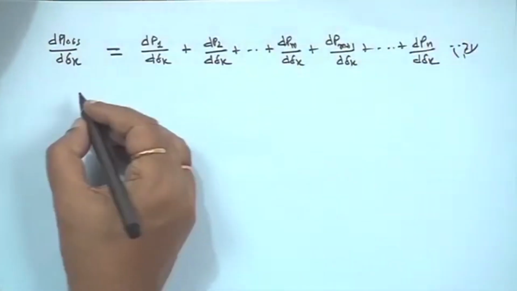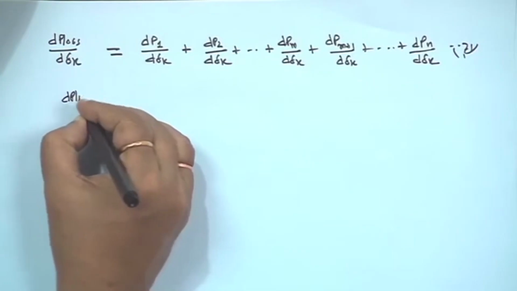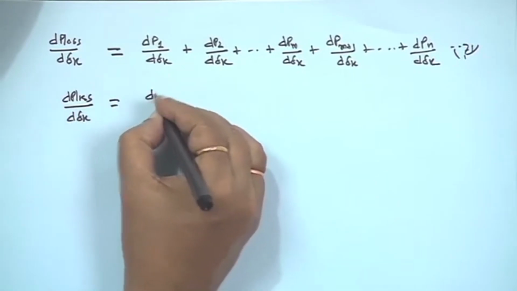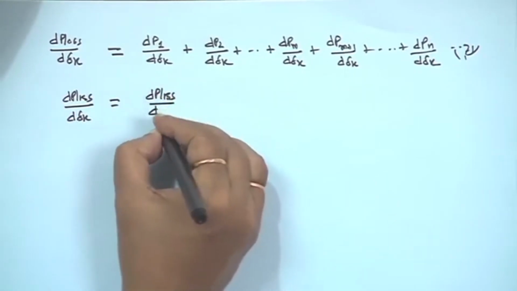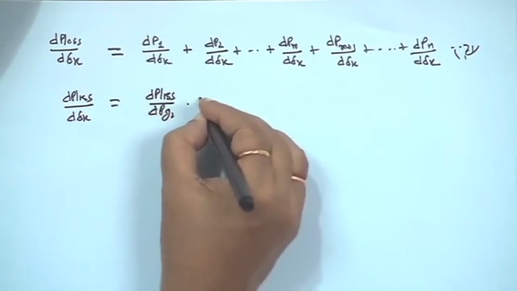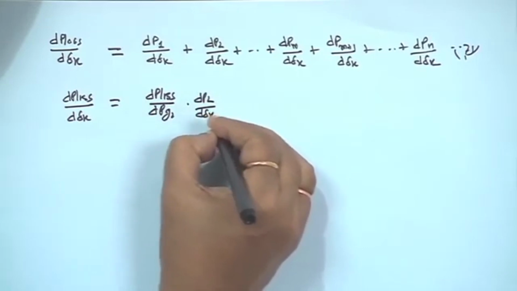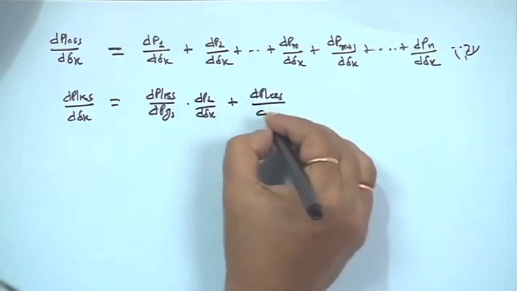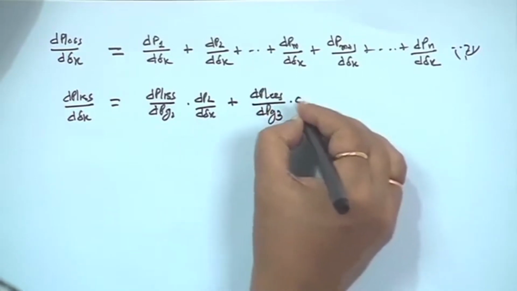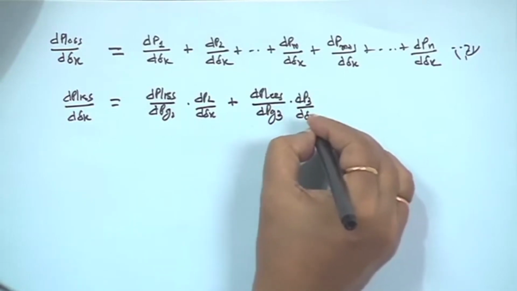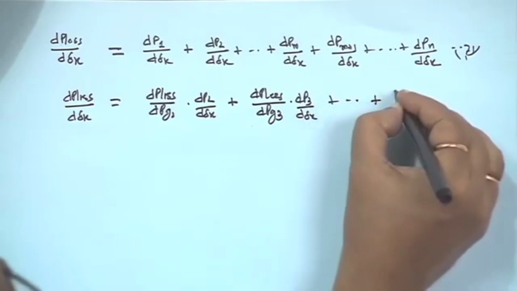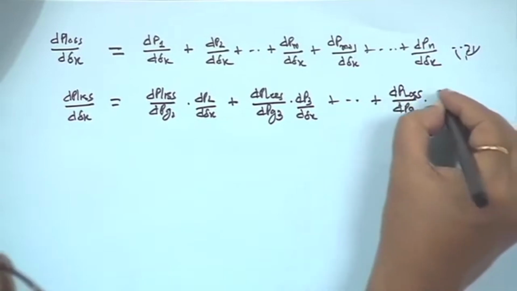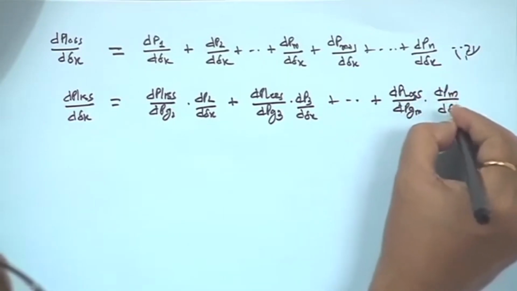is this one. I am writing again that ∂P loss/∂ΔK is equal to your ∂P loss/∂Pg2 into ∂P2/∂ΔK plus ∂P loss/∂Pg3 into ∂P3/∂ΔK plus the mth term ∂P loss/∂Pgm into ∂Pm/∂ΔK.